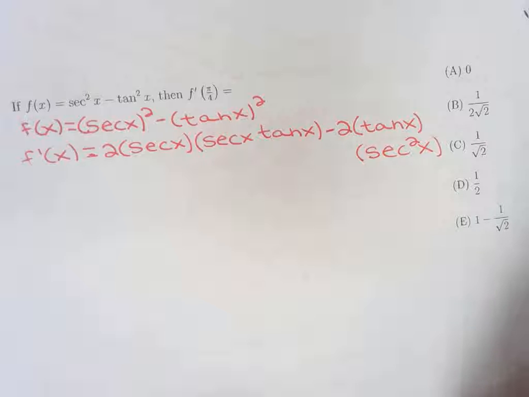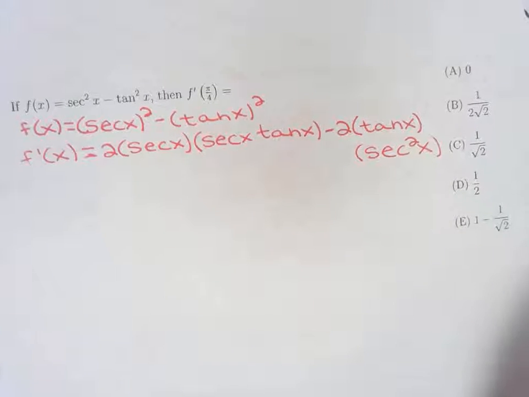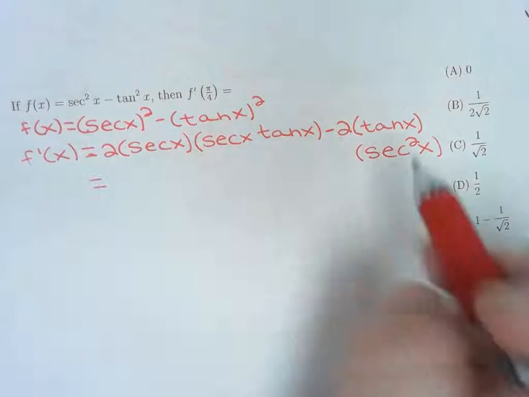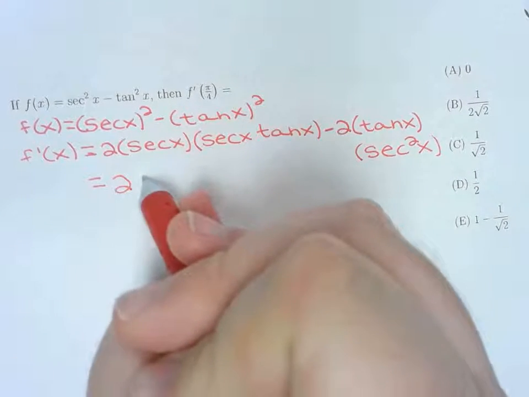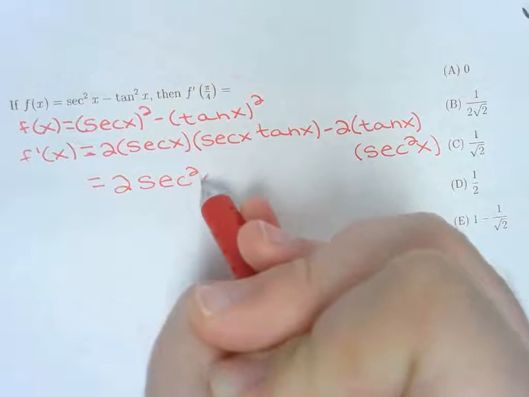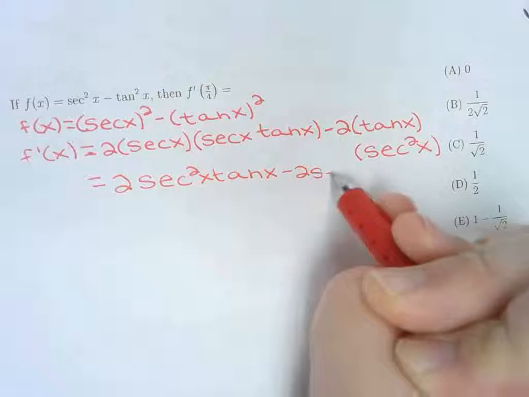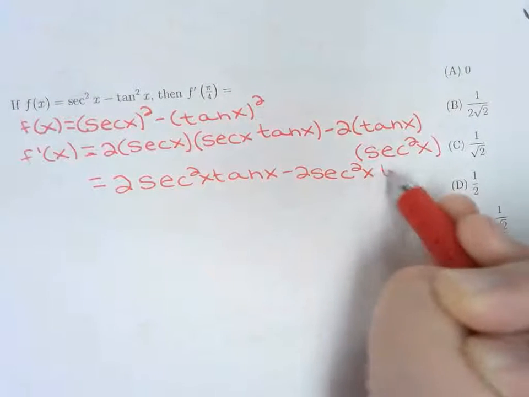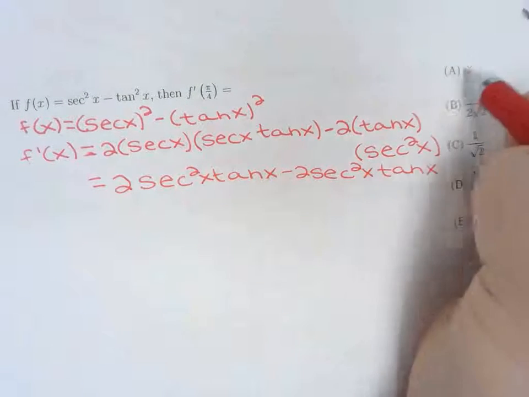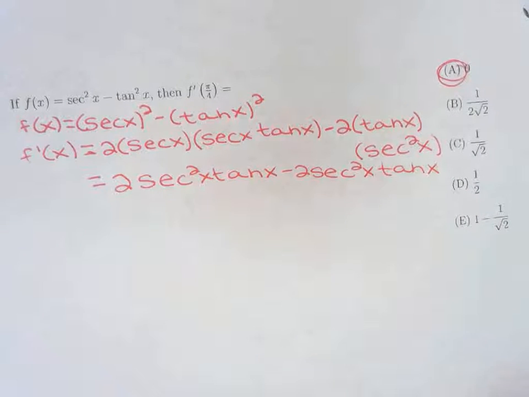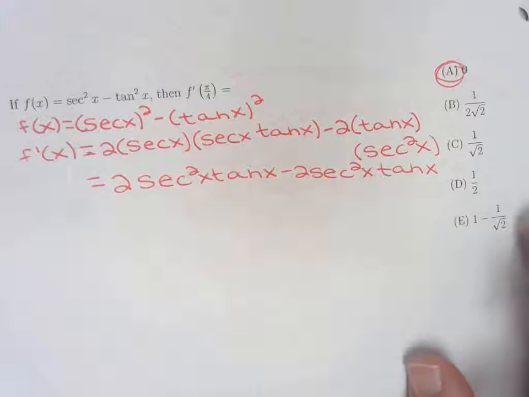So now let's go ahead and simplify a little bit. This one actually works out pretty nicely. So if you simplify, this is 2 secant squared x tan x minus 2 secant squared x tan x, which is 0. They cancel each other. Same thing. Wow. Crazy.